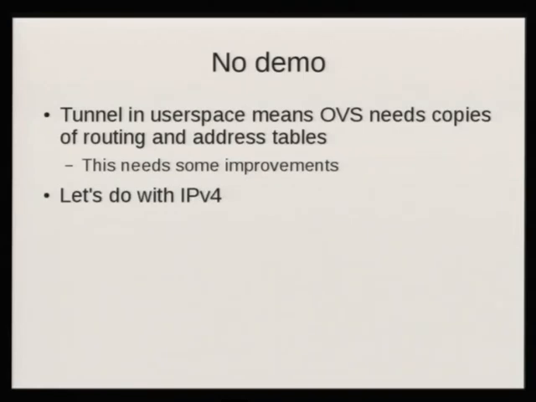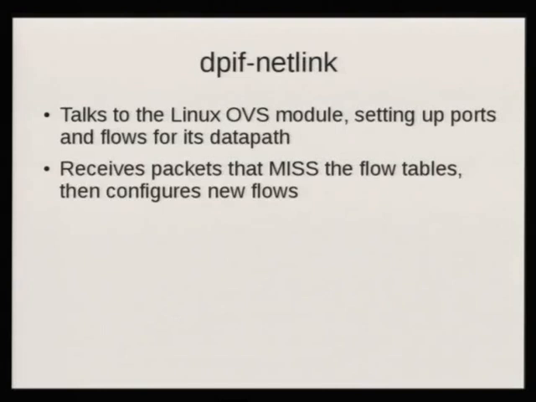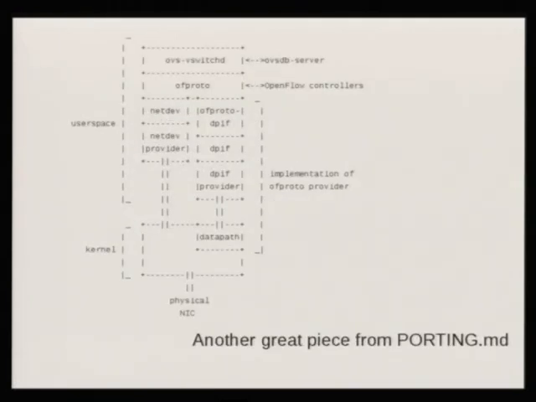So the tunnel in user space means that we don't have Linux involved, so we don't have the VXLAN driver on Linux. Packets are coming in from DPDK, for example, and now you need to send that through a tunnel. But what's a tunnel? It's not a new interface device.